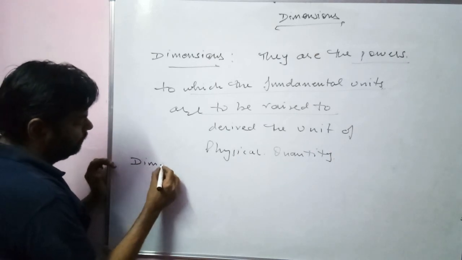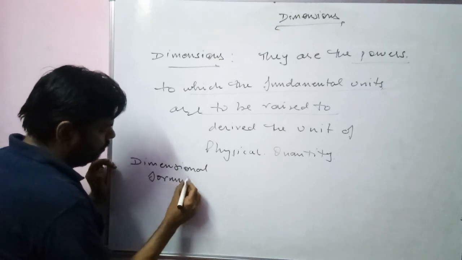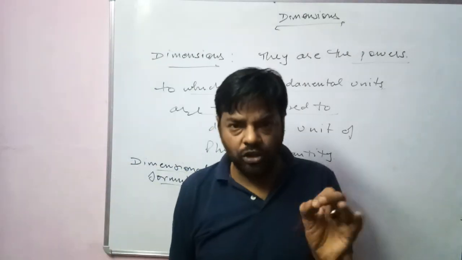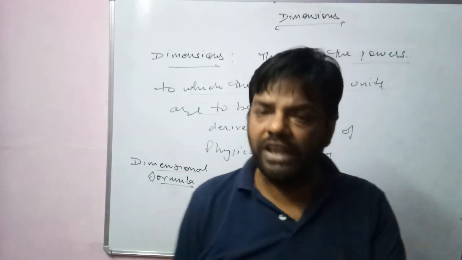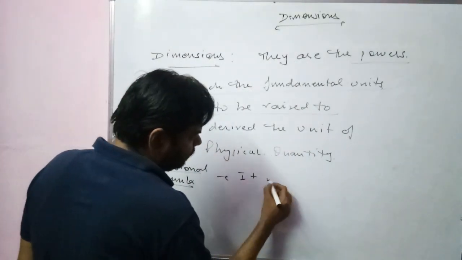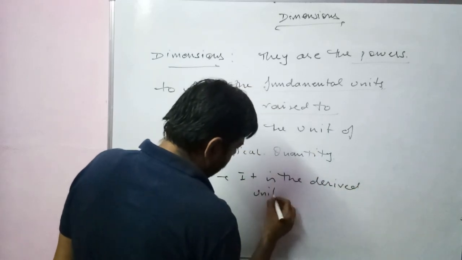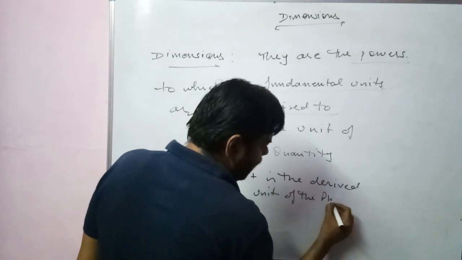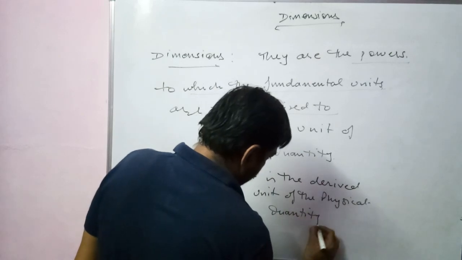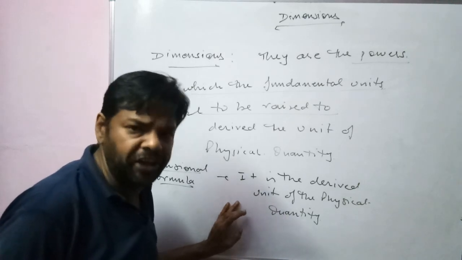Now, dimensional formula. What is the dimensional formula? In simple words, I can say it is nothing but the derived unit of the physical quantity. Okay? It is the basic idea, not the actual definition.